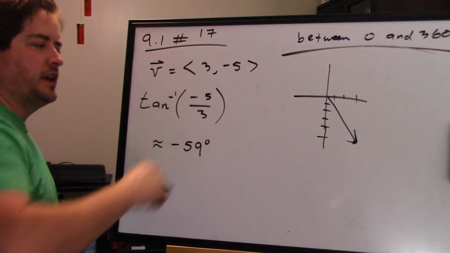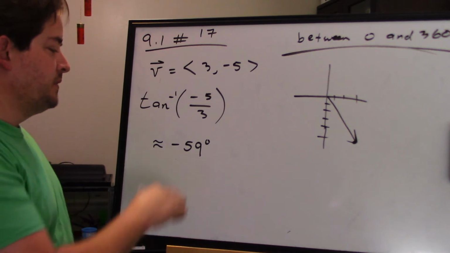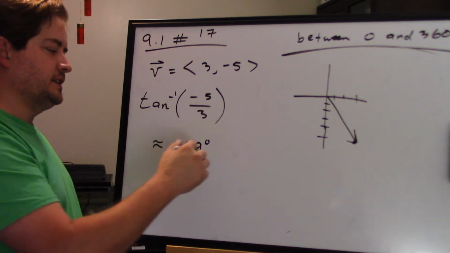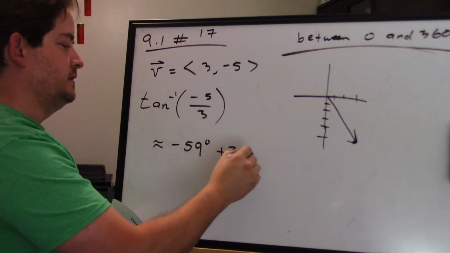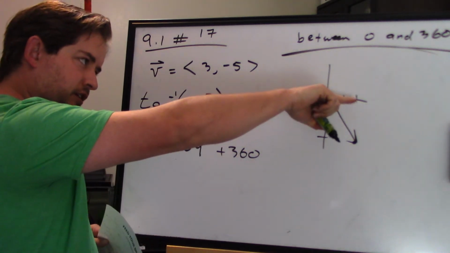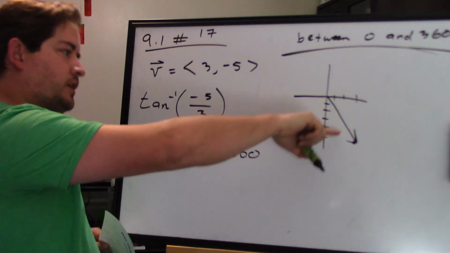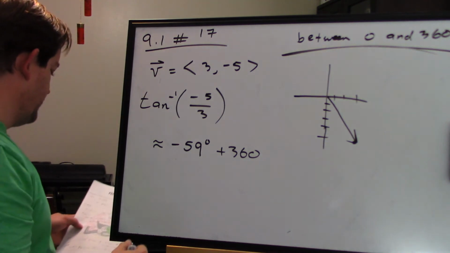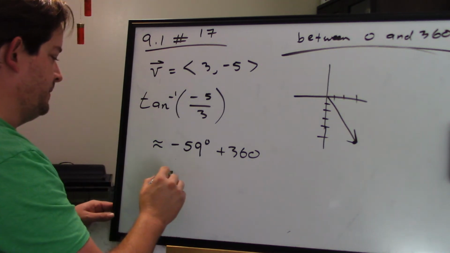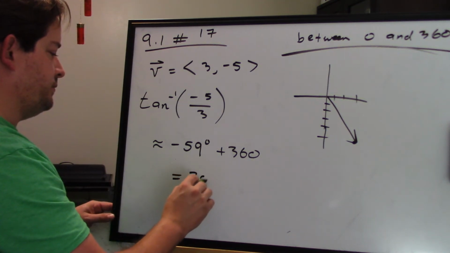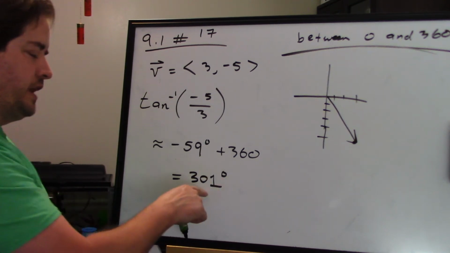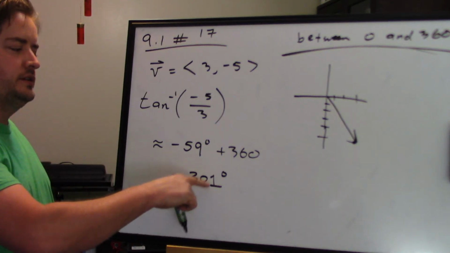So I just have to bring it into the first positive circle, and so all I have to do then is add 360 to this. It gives me, instead of going negative, it puts me going the other way, and that gives me an angle of 301. So the angle between 0 and 360 that works is 301.